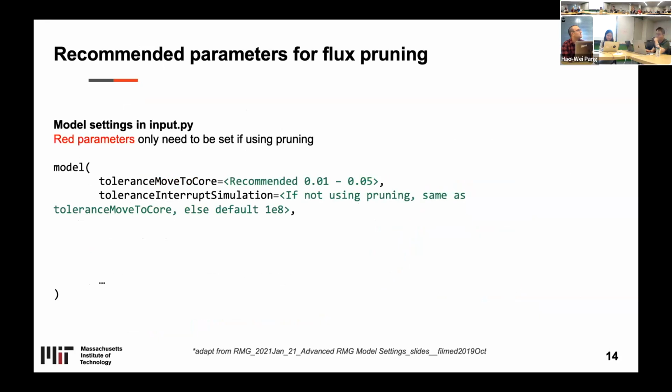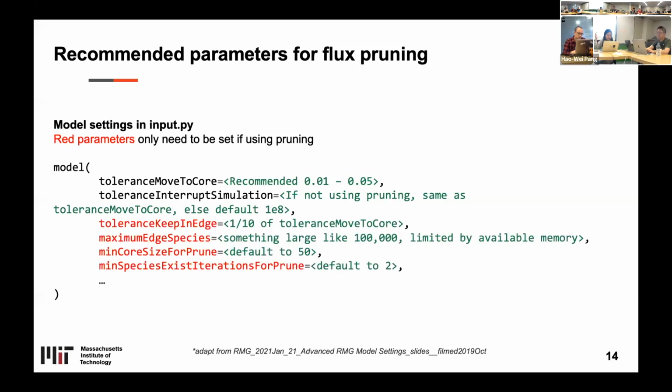So here are the recommended parameters. If you don't use pruning, you usually want to set the tolerance to interrupt simulation to be the same as the tolerance to move to core, so that you don't waste time doing extra simulation after you already find an important species. But if you do use pruning, you should add these parameters as well.